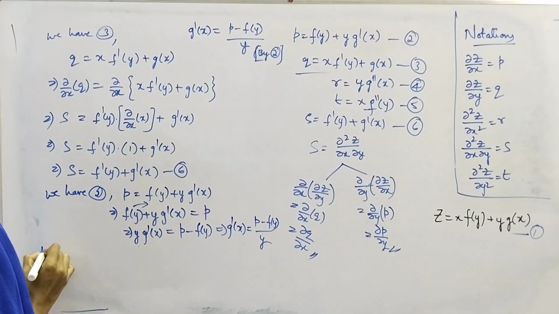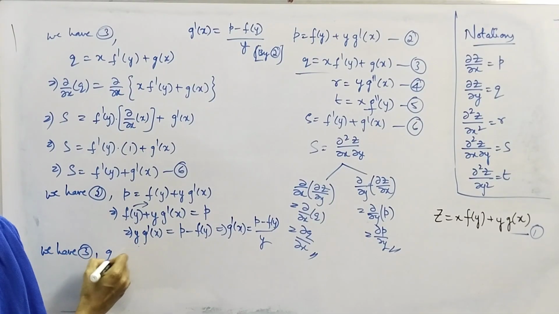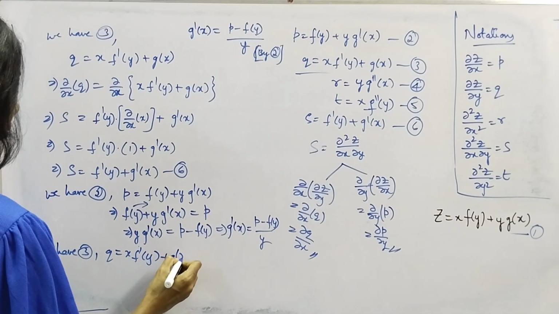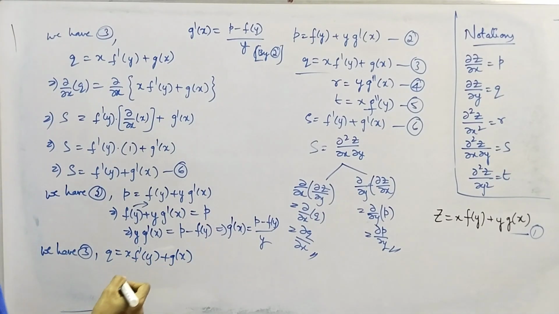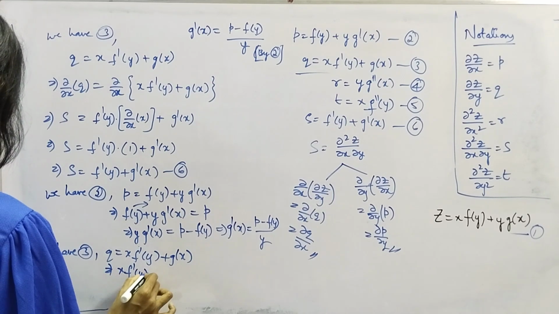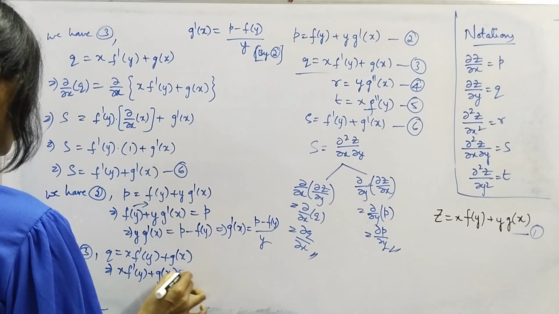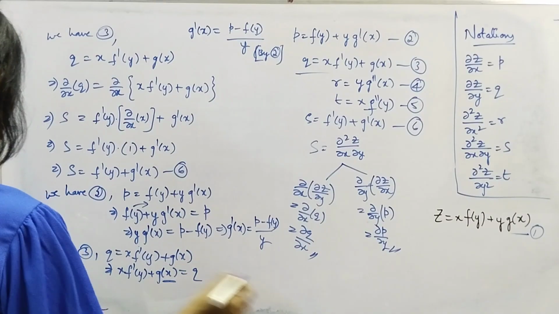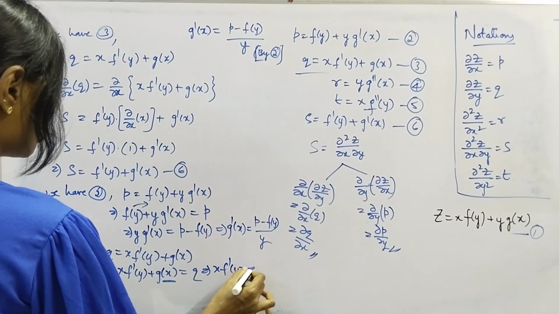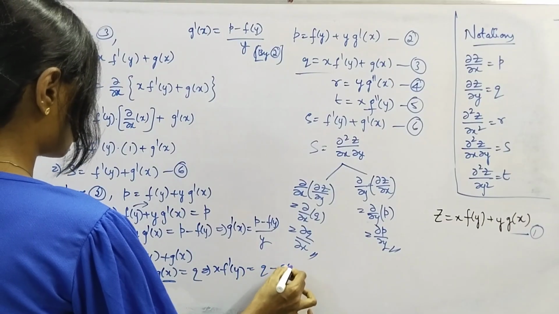Now let's find the value of f'(y) using equation 3. We have equation 3, that is q equal to x into f'(y) plus g(x), right? Now you can write this as x into f'(y) plus g(x) equal to q. Now take this term to the RHS, you will get x into f'(y) equal to q minus g(x).